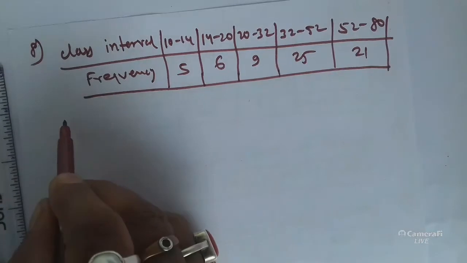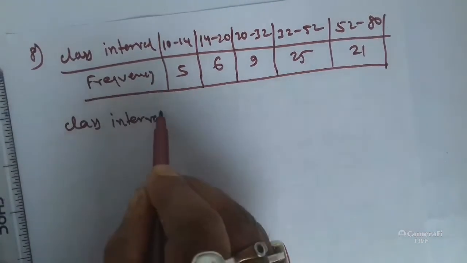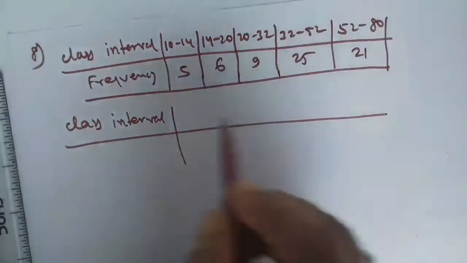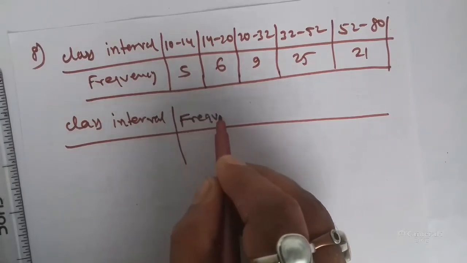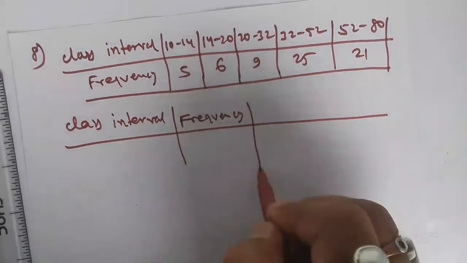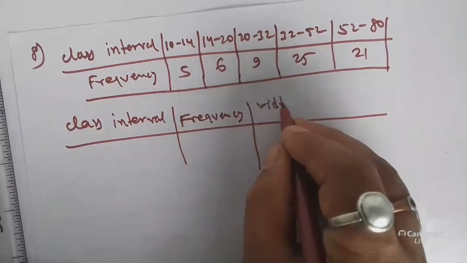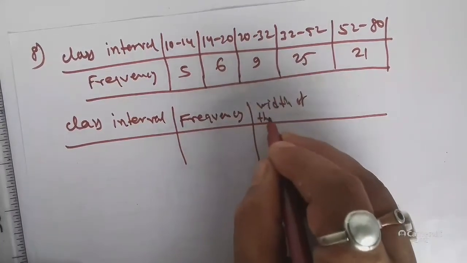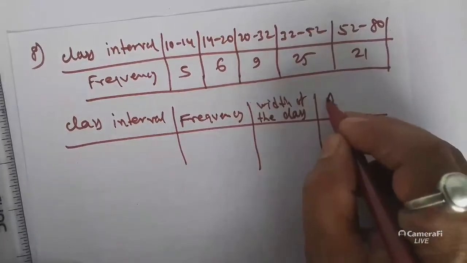So at first we have to write the class interval, then frequency, then width of the class, and then adjusted frequency.